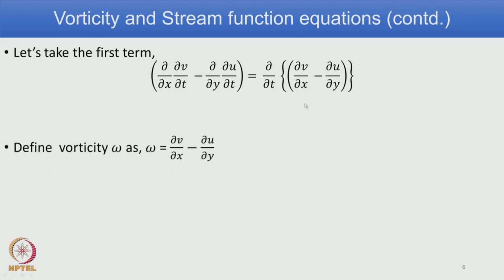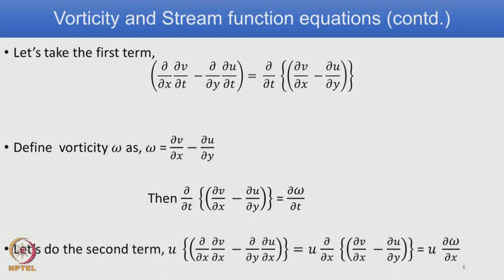Now we also know the definition of vorticity omega, we learned in the first class, which is dou v by dou x minus dou u by dou y. So if you substitute the definition of vorticity in this expression, then we get the first term of the vorticity transport equation, which is dou by dou t of omega.